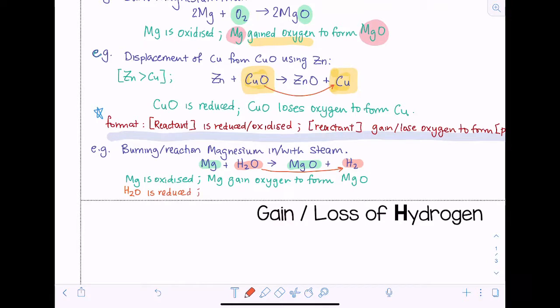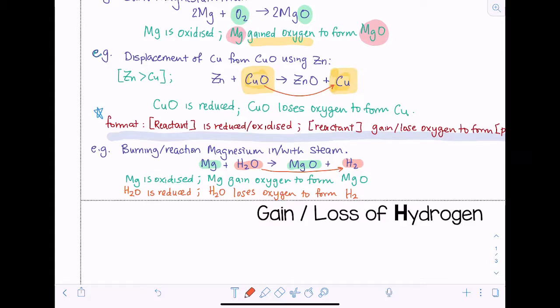To prove this, we write a statement saying that H2O loses oxygen to form H2. I hope through these three examples it has been very clear how you can arrive at an answer with an explanation.